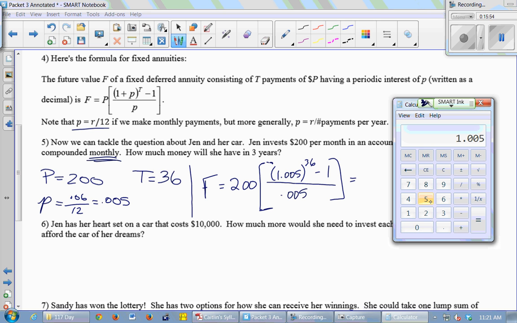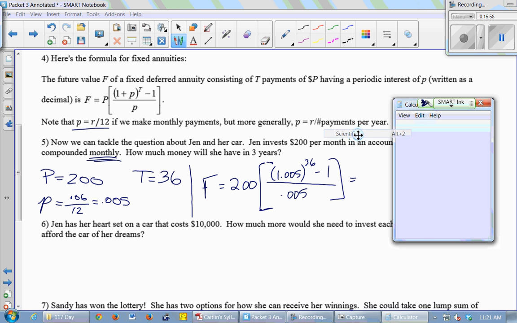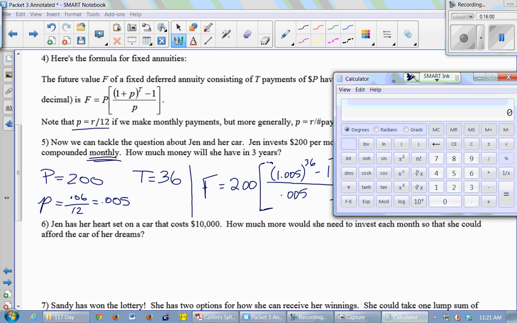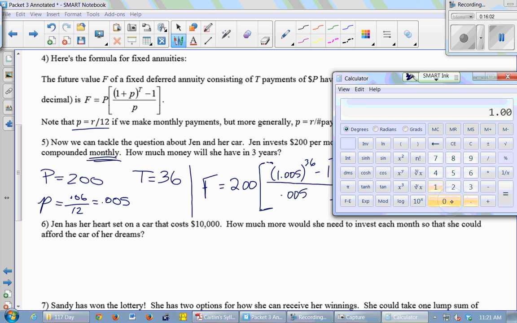Well, this calculator can't do exponents, so 1.005 to the 36th power. Enter. Big long decimal. I don't want to write it down, so I'm just going to do the next step using this. The next thing I should do is subtract 1. Minus 1 equals. So I've saved all these decimal places.